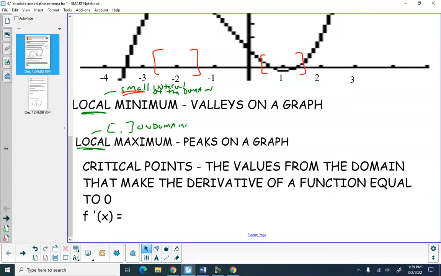Critical points are the values from the domain that make our first derivative of a function equal to 0.